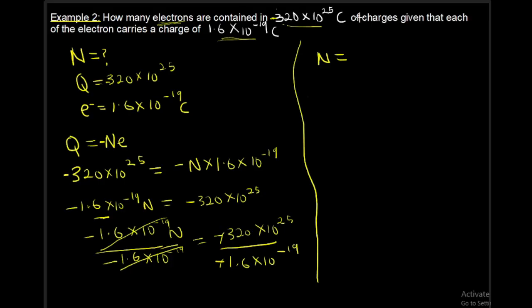That will give us 2 times 10 raised to the power 46 electrons, which is a very big number, and this is an integer. So this is the number of electrons.